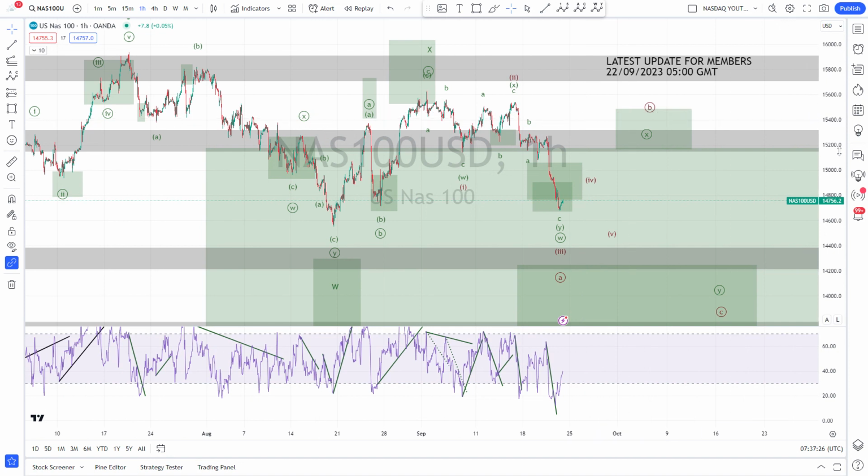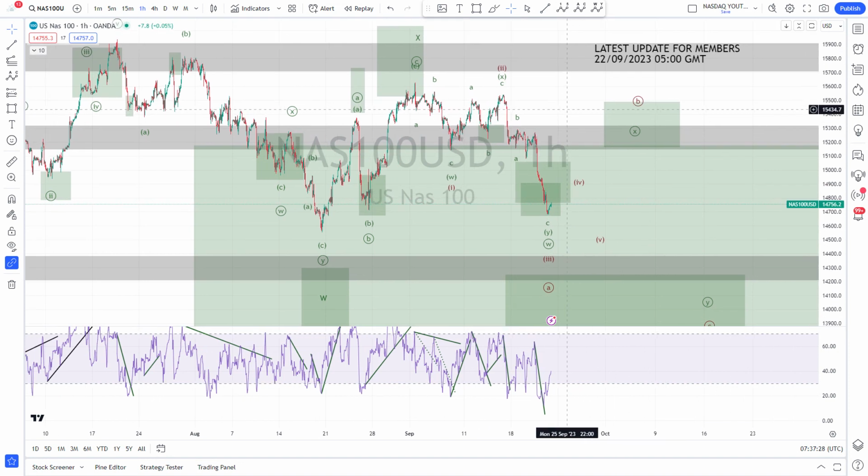So I favor the WXY because of the internals we have here. It looks like we are moving in three waves, like 1, 2, 3, 1, 2, 3, 1, 2, 3. And so therefore I would favor the WXY pattern.